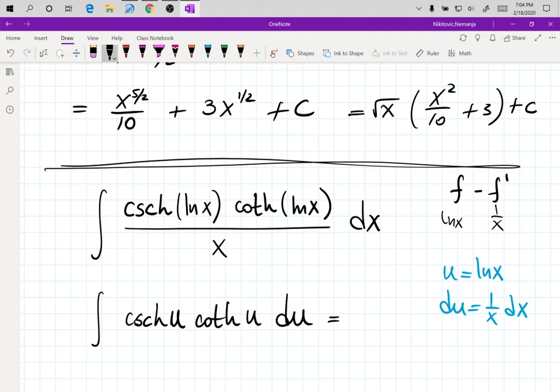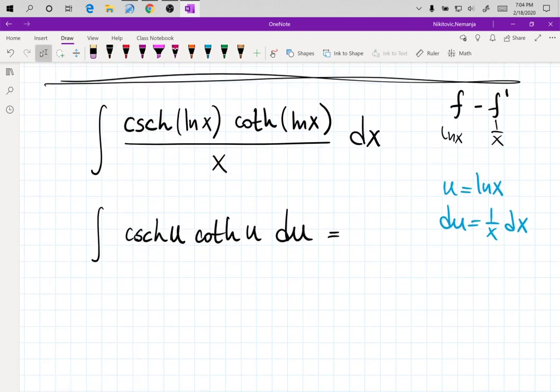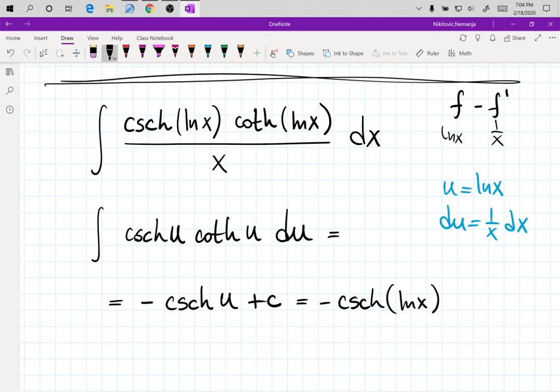And this is now a basic integral from hyperbolics, and it becomes negative cosecant hyperbolic u plus c. Now, I don't care about u, I care about x. We go negative cosecant hyperbolic of ln x plus c, and that would be the end of the journey in this case.